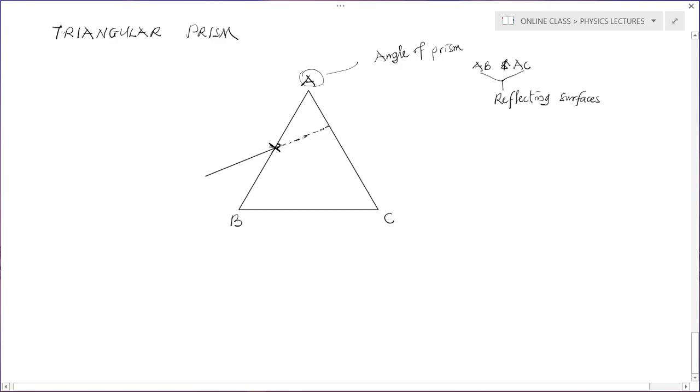Now, on getting here, what will happen? Look at it very well. The ray comes here. Where will be the refraction at that point? You see that it will refract to this side, like this.